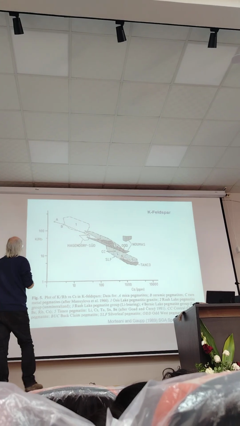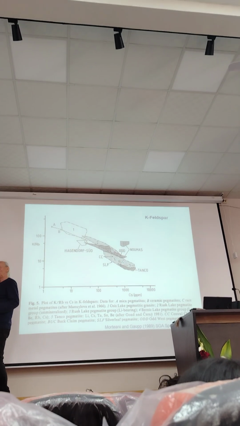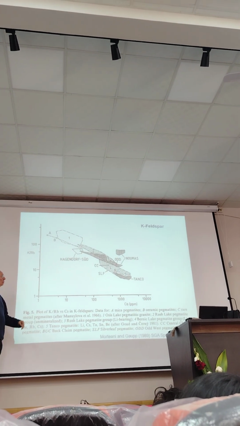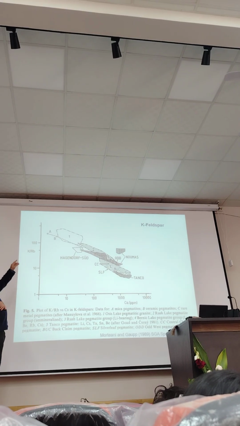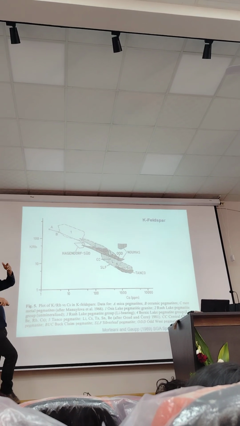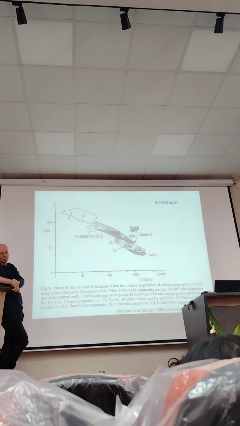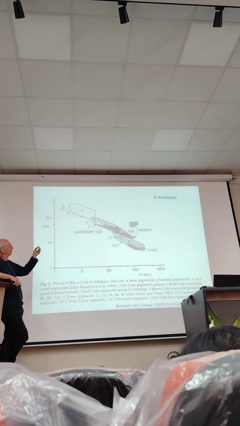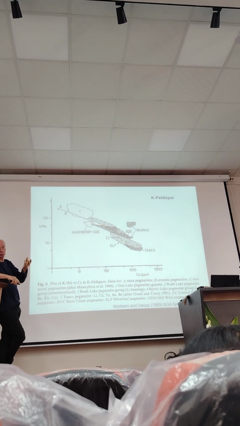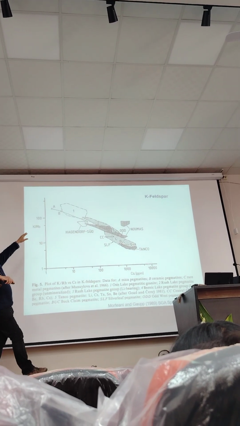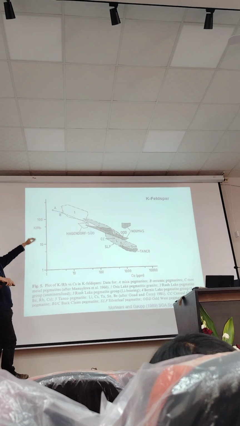Actually, this is quite stupid. These people apparently like to use this ratio because in K-feldspar, potassium is a constant number. The potassium content of K-feldspar is defined by stoichiometry. So, to make things easier, you could just put rubidium.